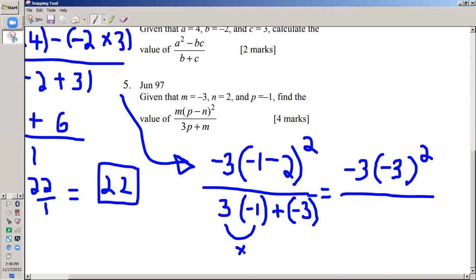What's 3 times -1? -3. I want to hear the full answer. I always tell you to work out the sign first, then the number, then the letter.